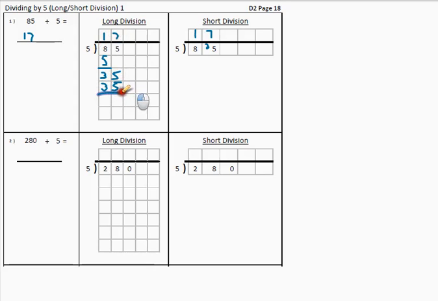Take away to get our remainder. It is nothing. There isn't another number to bring down next to my remainder. In other words, we are finished. That's our answer, and there was no remainder, so it's just 17. Okay, you do the next one on your own, and pause the video.